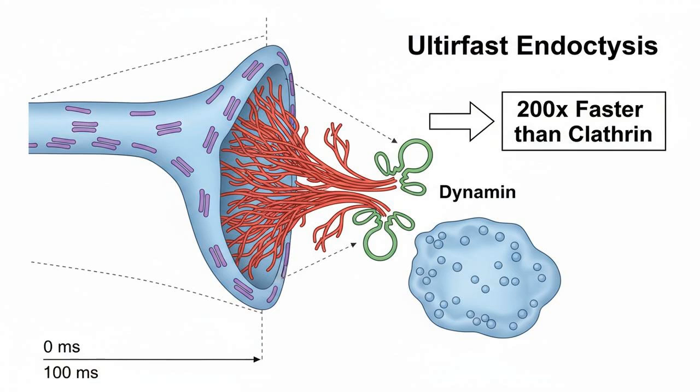This discovery solved the membrane budget crisis. The neuron wasn't carefully rebuilding vesicles one by one during high activity. It was frantically grabbing large chunks of membrane to clear the active zone for the next round of firing, sorting them out later in the endosome.